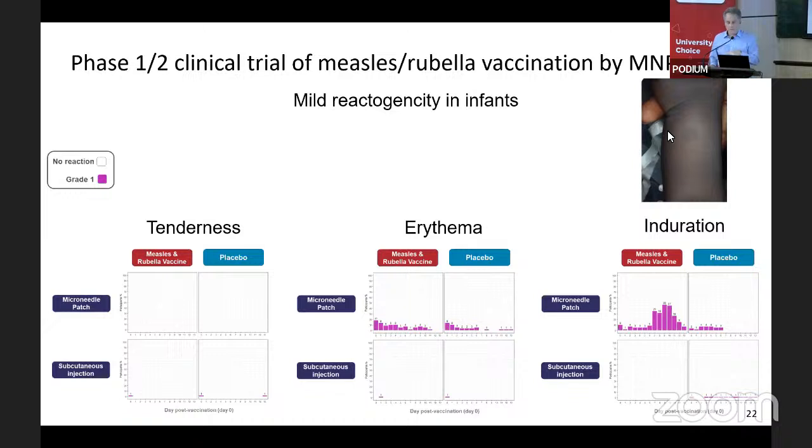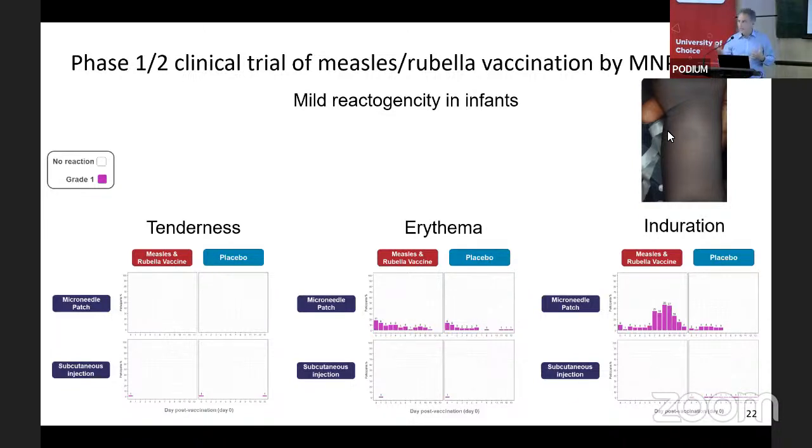Interestingly, you can see a delay. So it's not something that happens right upon patch application, but it happens a week or more later. And we think that is the immune response. So these are the infants. They've not been primed. They're naive to measles and rubella. And so the immune system is kicking in. It's a live virus vaccine, so it has some lifetime in the skin.